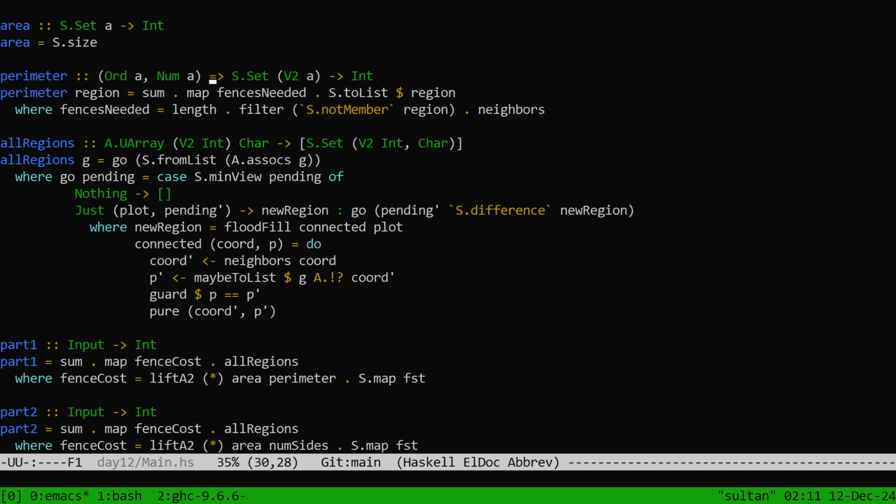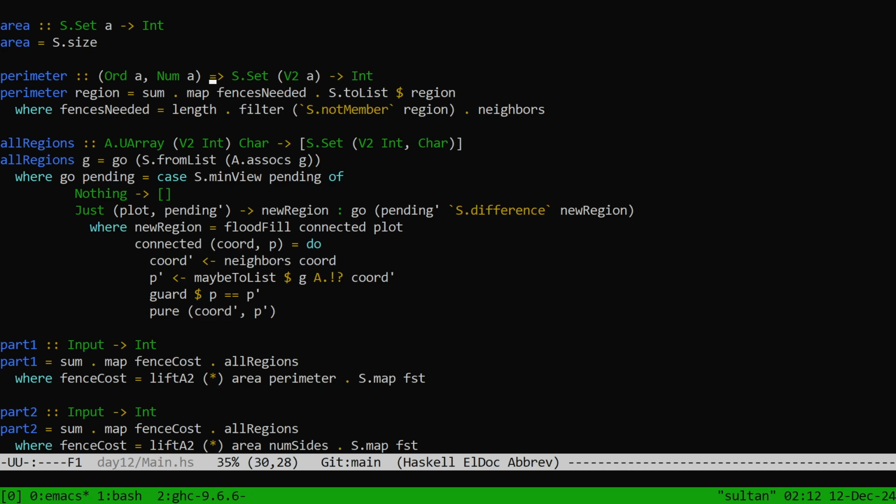We're mapping over the region and producing something. I think it's basically the same idea. Well, except totally different. Because you can't just map a function over each plot and then sum the results. There's some interaction between plots here.